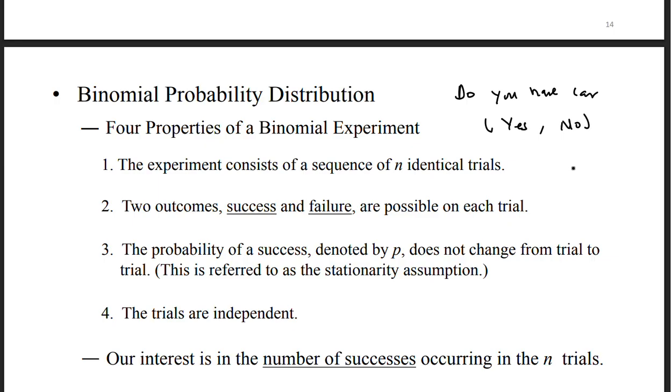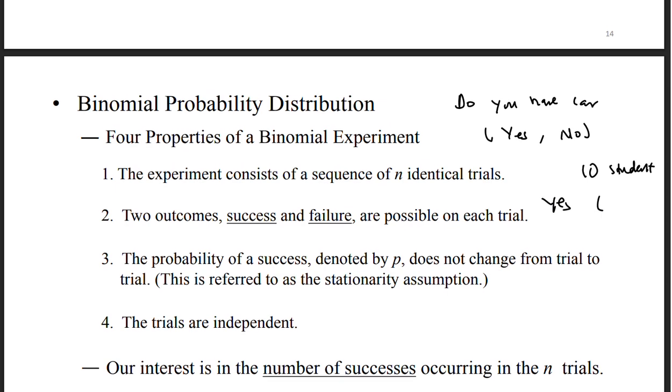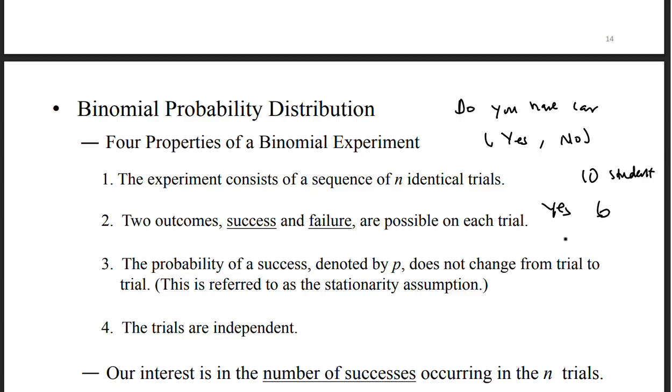And so let's say I take 10 individuals in a class or 10 students in a class, and I ask them the same question: do you have a car? And out of the 10 individuals, the number of yeses is 6, the number of no is 4.